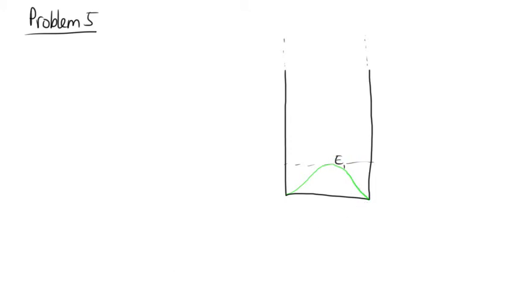And then we're asked if the potential of these walls is now decreased. So now rather than being at an infinite energy, the potential's at some energy U, which is less than infinity.